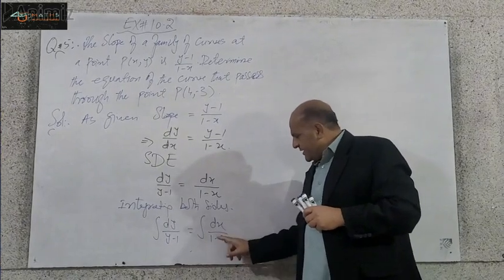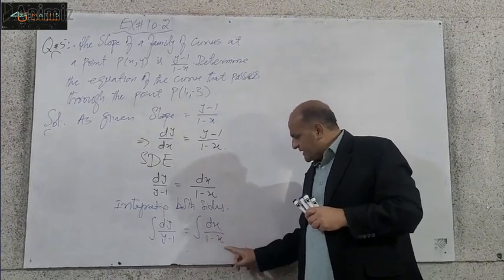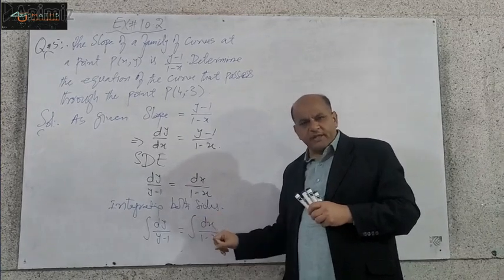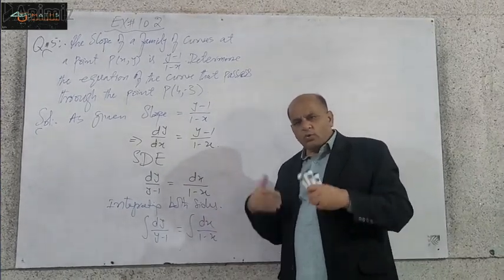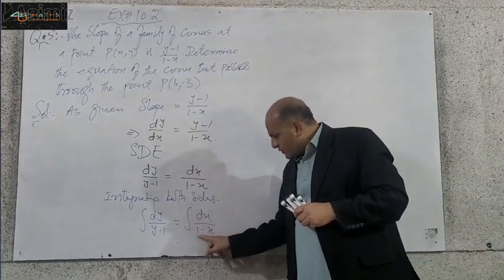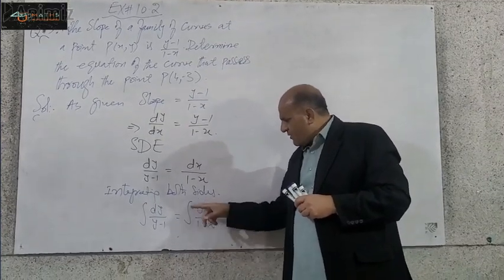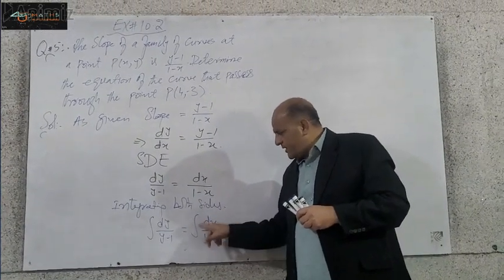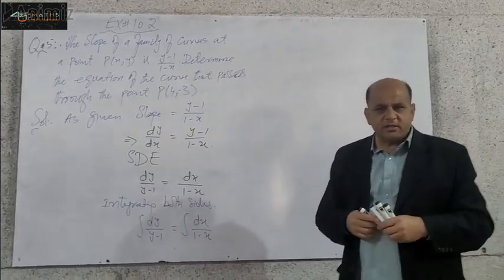Here on the right-hand side, we have the derivative of 1 minus x as minus 1. So we see that there is a deficiency of minus 1 in the numerator. How to overcome this deficiency? We can take out minus 1 from this function, or we can multiply here minus 1 and also multiply here minus 1. So we can easily handle this problem.